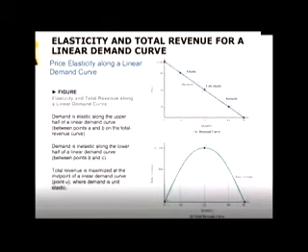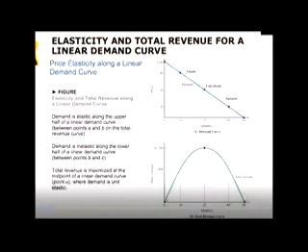Now, why is this the case? Well, if we look at this section of the demand curve up here, where it's elastic, we can see that a change in price is going to be a relatively small percentage change because the prices are so high. And a change in quantity is going to be a relatively large percentage change.